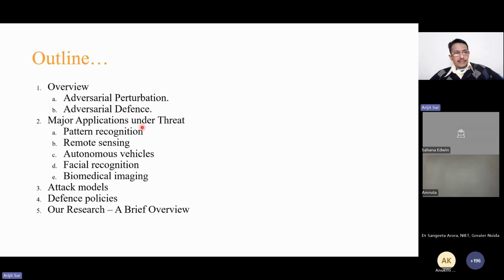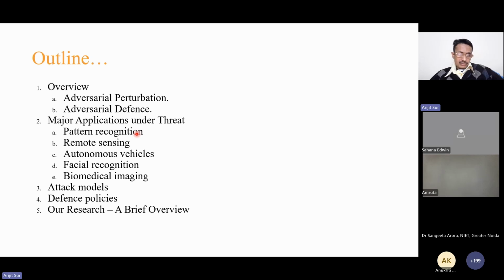Then we are going to understand the major application areas where adversarial perturbation is a threat, mainly in computer vision based deep learning models. So we'll see pattern recognition, remote sensing, autonomous vehicles, facial recognition, etc.